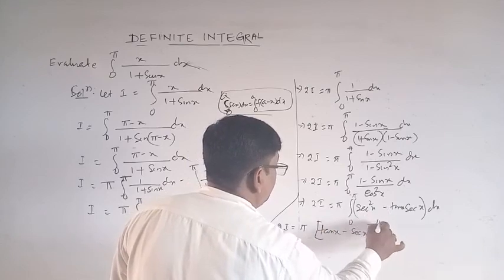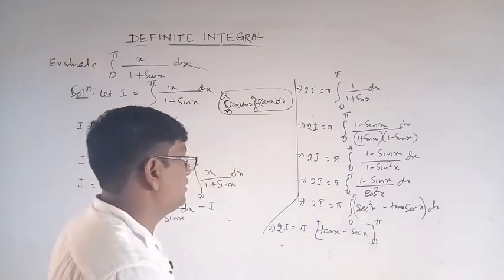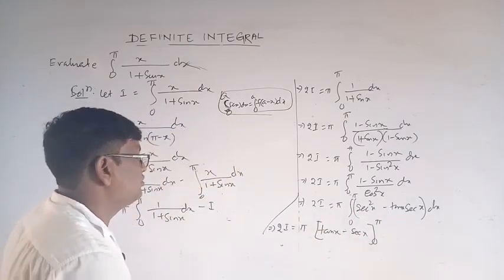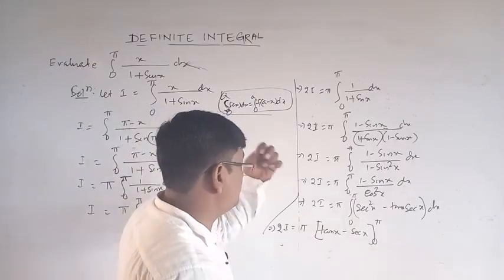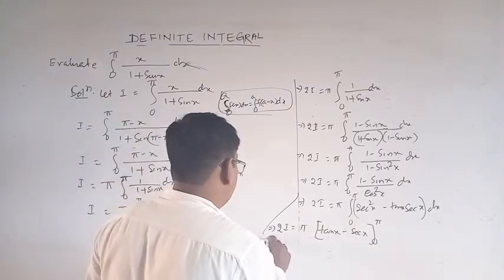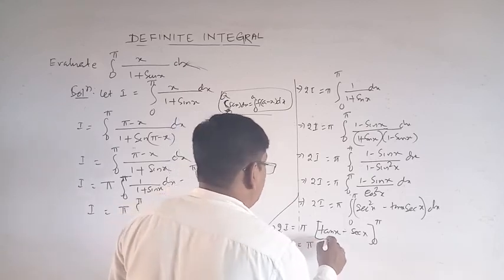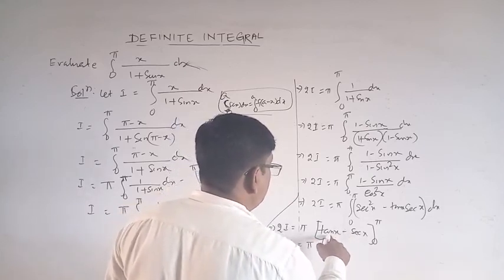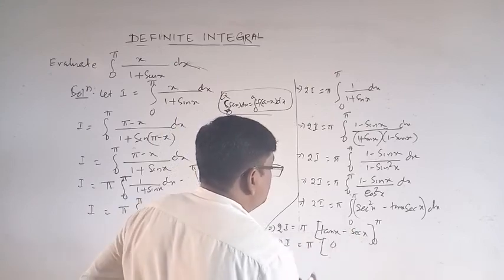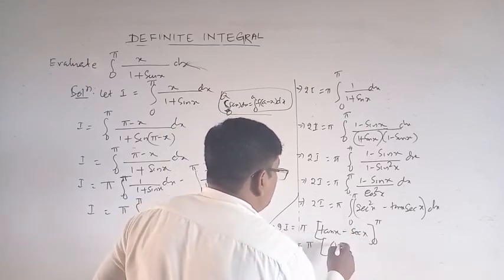Okay, so tan pi is 0. So 2I is equal to pi into, this is tan pi 0, sec pi means minus 1, so this is plus 1.